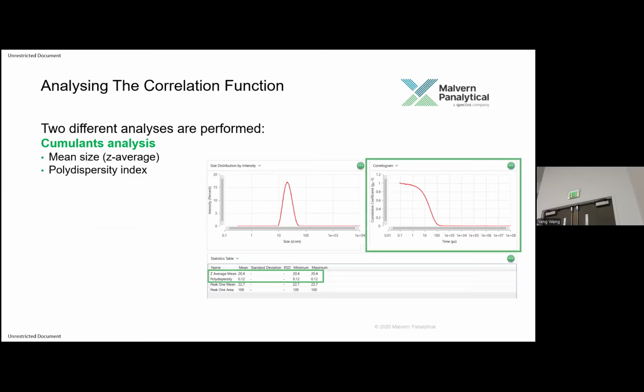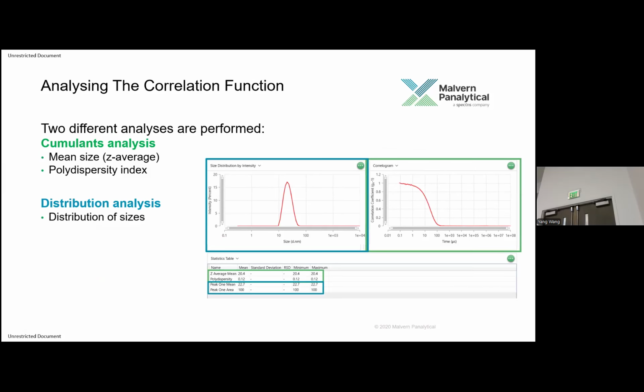It'll give you the overall average size and the polydispersity index, which is often used for batch-to-batch comparisons. If you've got multiple populations within 2 different batches, you can use those as quick comparison metrics. And if you do have multiple populations, the software is going to encourage you to consider the distribution analysis, where it will give you the peak by peak sizes and the standard deviation within those peaks.